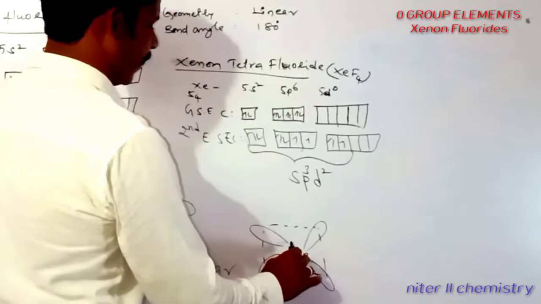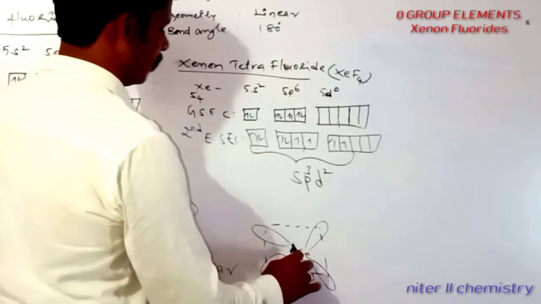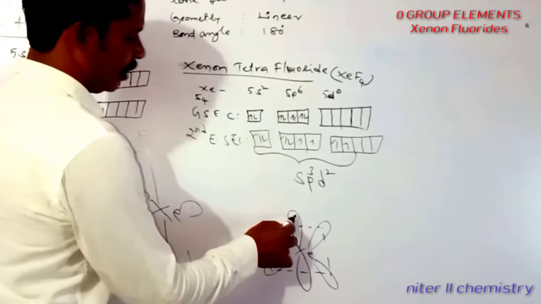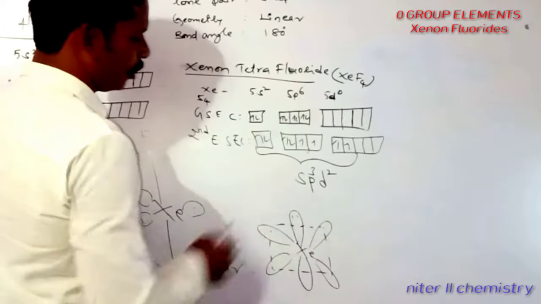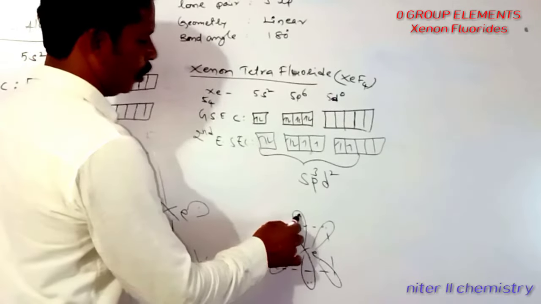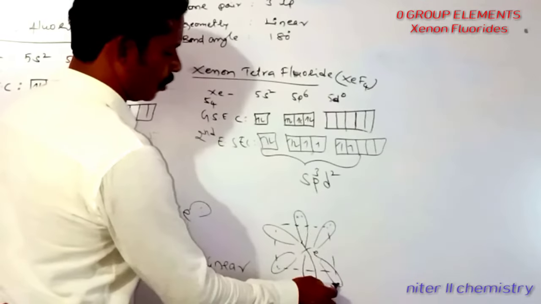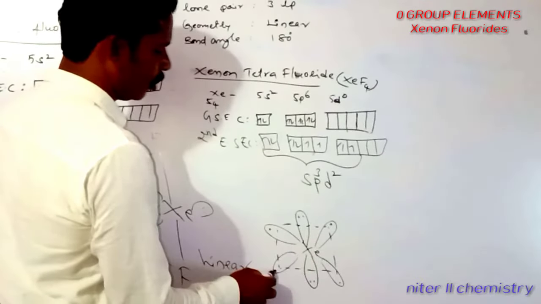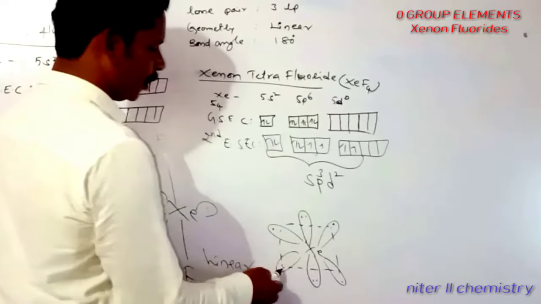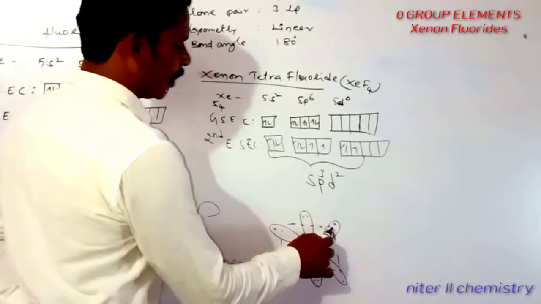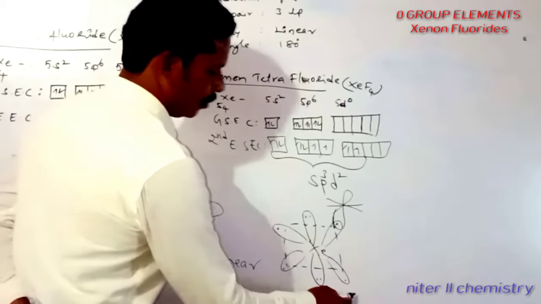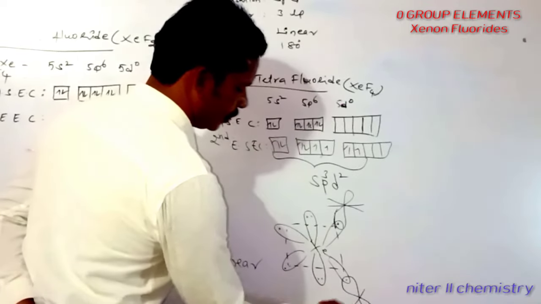The other 2 hybrid orbitals contain lone pairs of electrons. The remaining 4 orbitals lying in the plane contain only unpaired electrons. These 4 unpaired electrons of the hybrid orbitals overlap with the pz orbitals of 4 chlorine atoms separately.